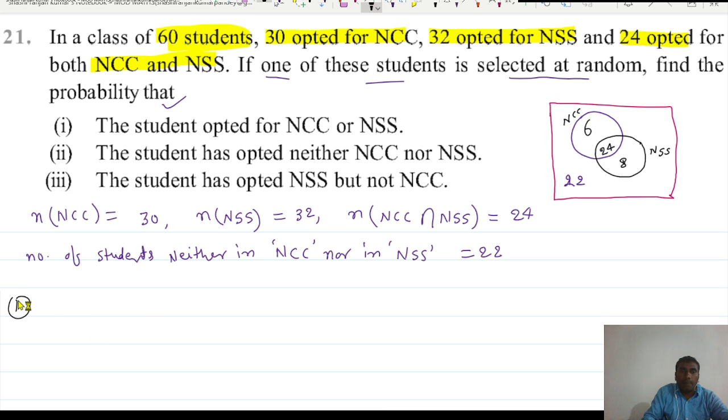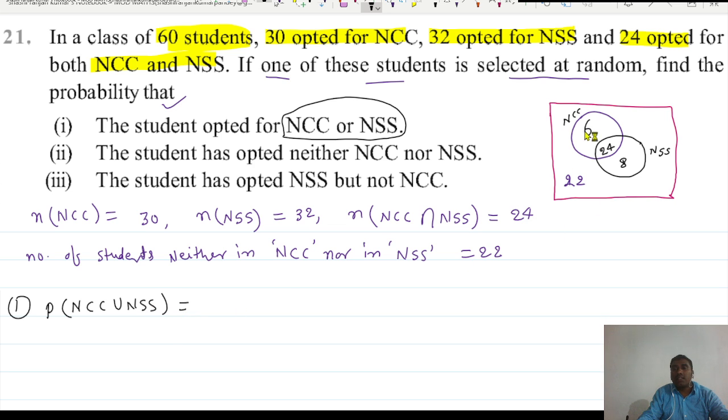First question is asking that we have to find the probability of a student who opted for either this or this, meaning in union. Okay, so how many students are in union? You can do it this way also, right? So if you have done the Venn diagram, let's see. So probability of NCC union NSS is equal to what?